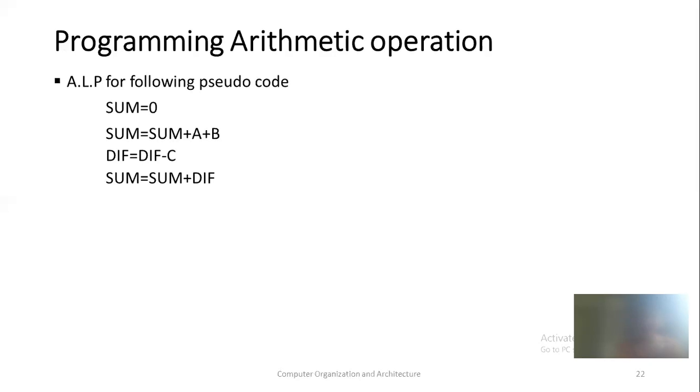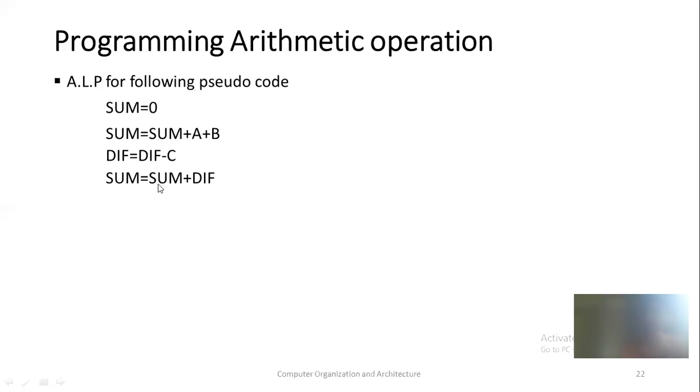First you have to take 5 locations, then load the first number, sum, then add a, add b, that is your sum, and then store this to the sum location. Then load the diff location's content, then load c's content, find the 2's complement of this number, add it with diff and store at diff.